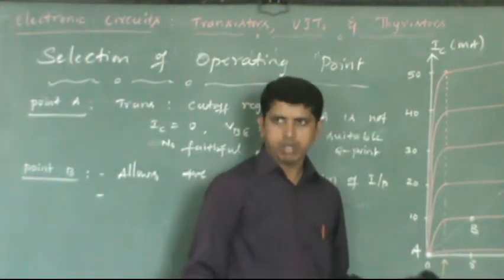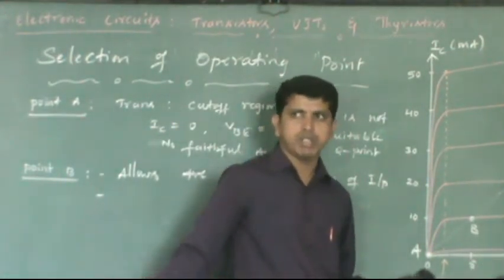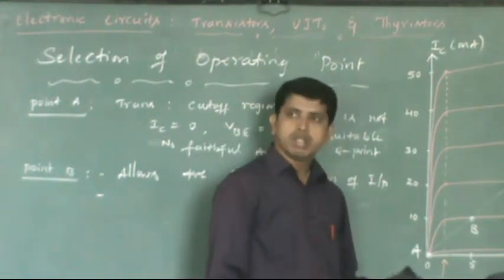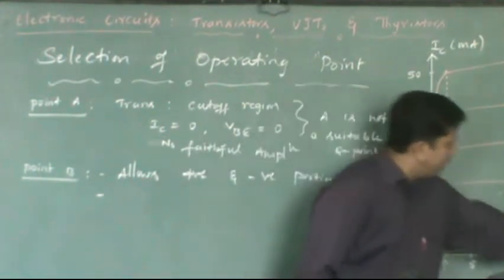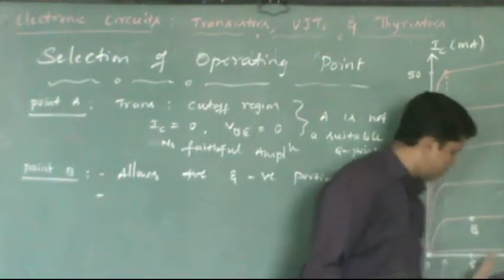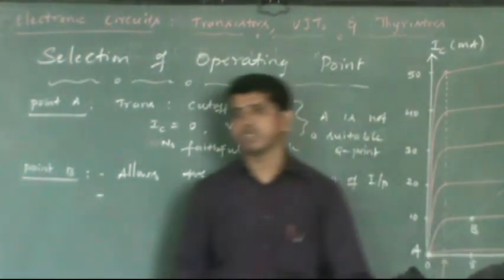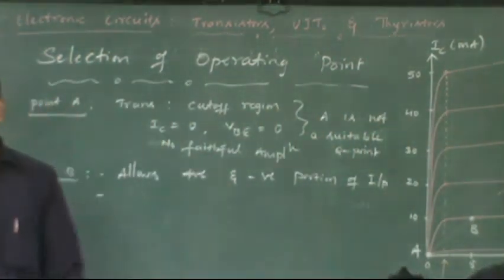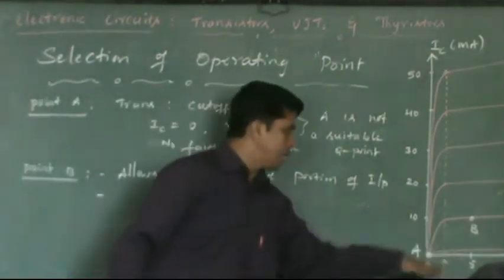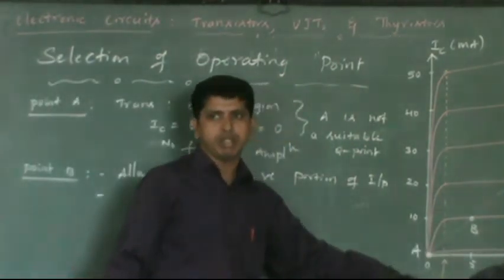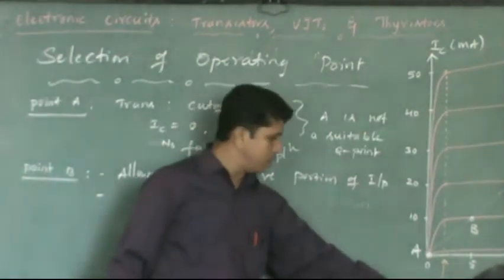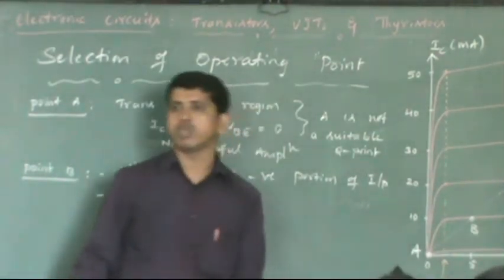You know the condition number 2 itself is VCE must be greater than VCE sat. That means VCE must be somewhere above the VCE sat. Since point B is in close proximity with VCE sat, which is nothing but 1 volt, point B is not a suitable operating point.